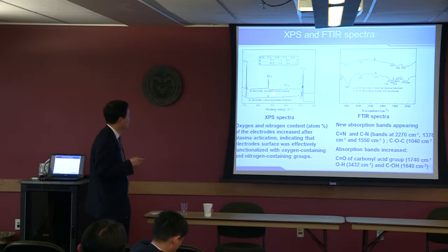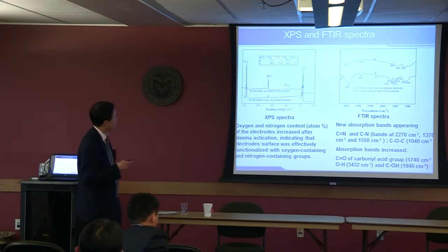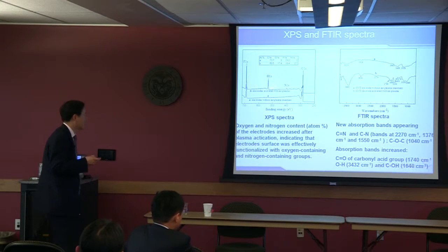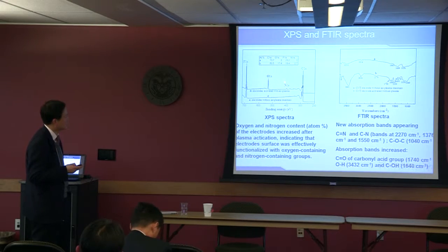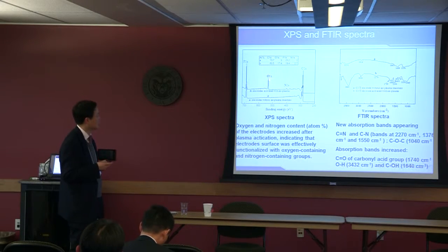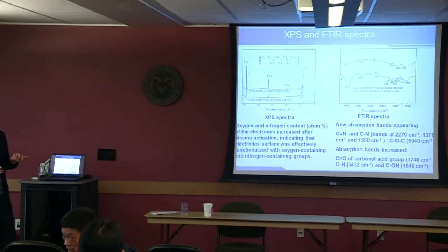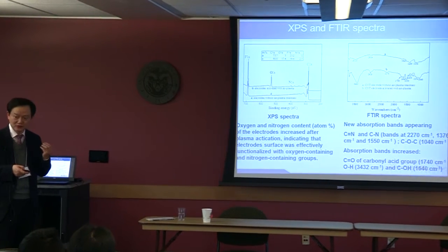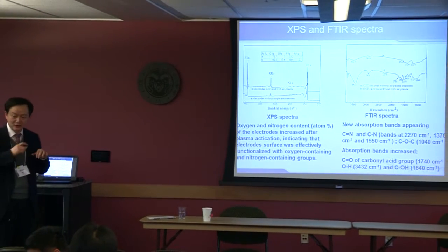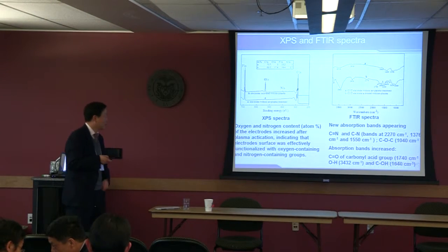Comparing the two curves, we found that after the plasma activation, the oxygen and nitrogen content increased. That means some oxygen or nitrogen containing groups must have been introduced on the surface of the carbon nanotubes by the plasma activation.